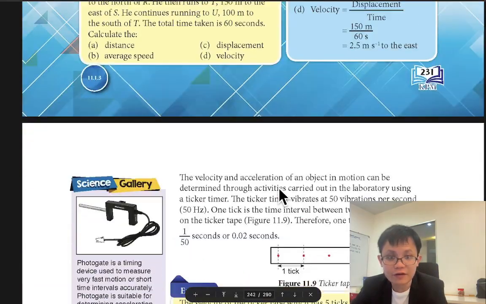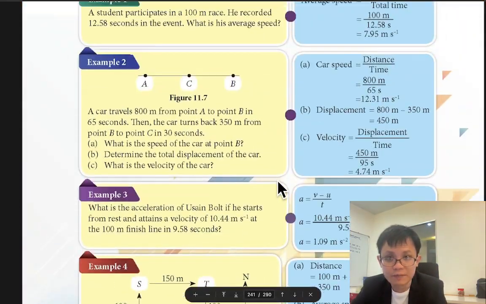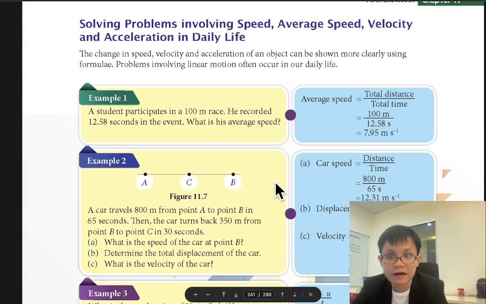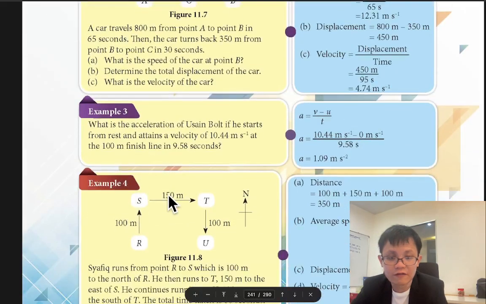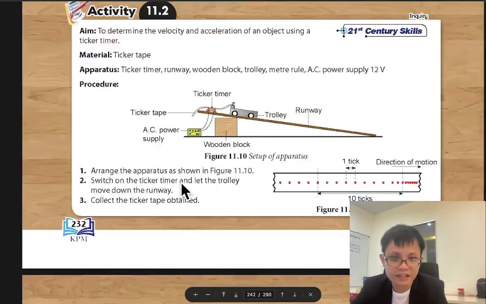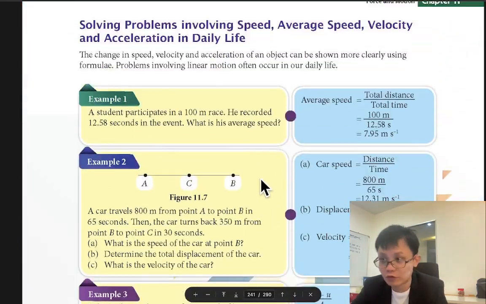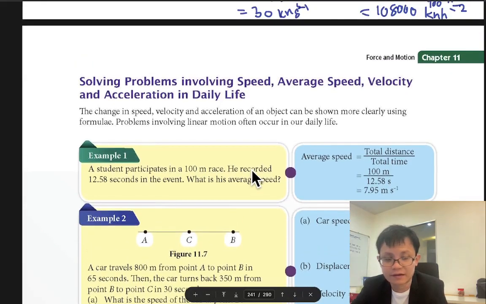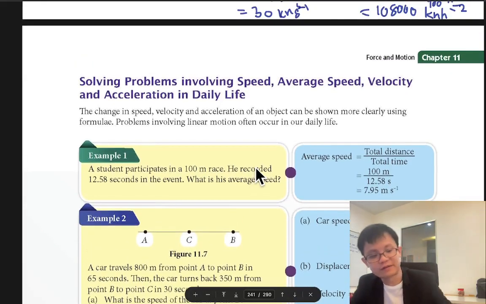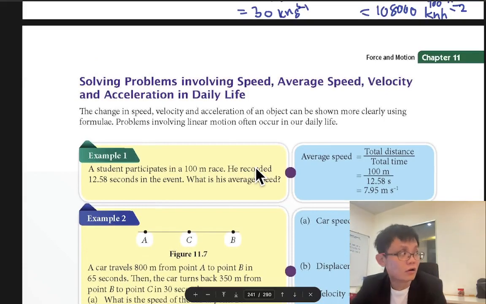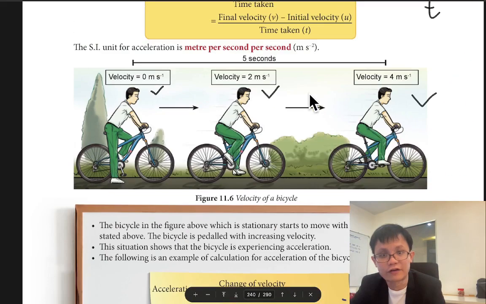Today we are going to go through the experiment: how we do the experiment, and how we calculate using the experiment, because not all things are like the bicycle where you already know the speed. So how do you calculate the speed?